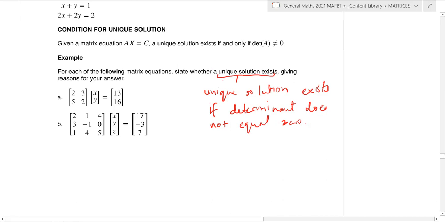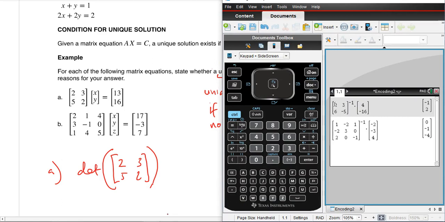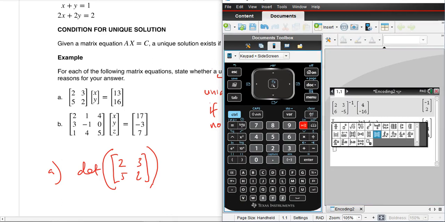All right. So these ones are really easy. All you've got to do is just find the determinants for these. All right. So to do that on our CAS, let's do it for A. All you've got to do is det on your calculator, det, and then the matrix. So 2, 3, 5, 2. Okay, and if there is a determinant here, or if the answer is not 0, then a solution will exist for it.